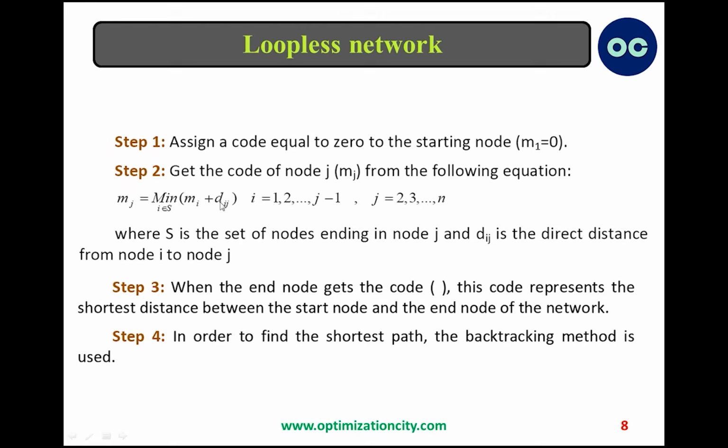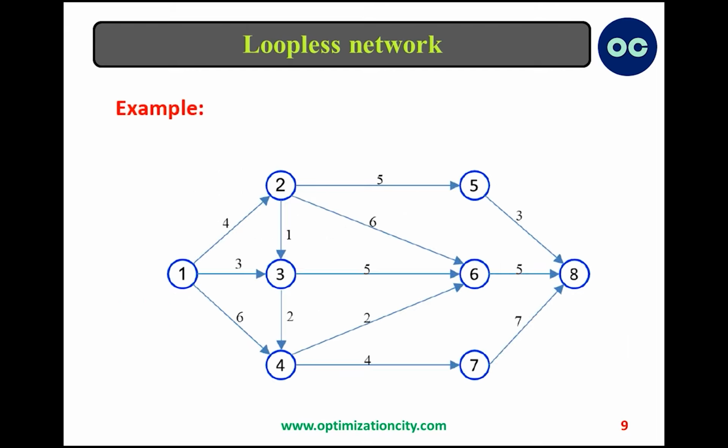In step 3, once the code of the end node is determined, it represents the shortest path distance between the starting node and the end node in the network. In step 4, to find the shortest path, we employ the backtracking method. We will discuss in the example what this method is.